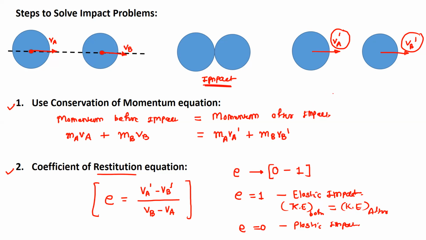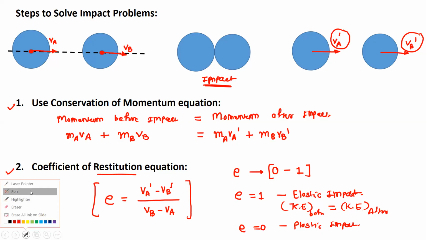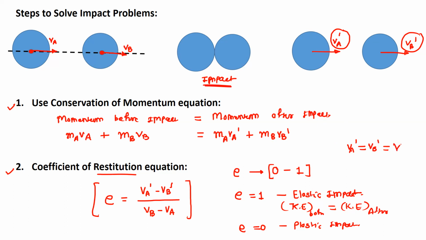So VA dash is equal to VB dash, and we can take this as V dash. But in case of plastic impact, there is a loss of kinetic energy. So these are two special cases for the coefficient of restitution: E equal to 1 is called elastic impact, and E equal to 0 is called plastic impact.